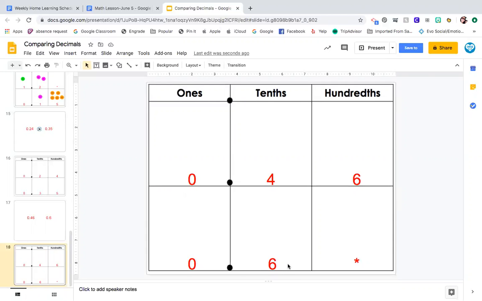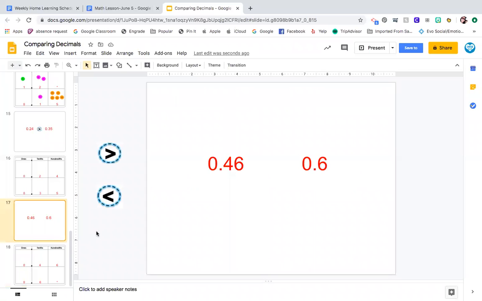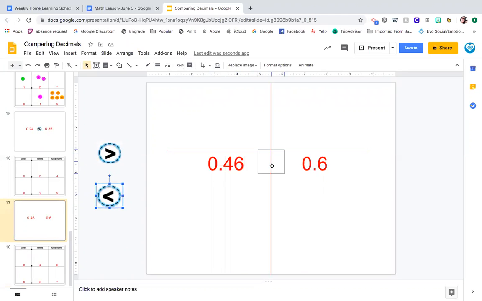So we can stop here because we already can tell that 6 is greater than 4. So 0 and 6 tenths is the larger decimal. If I'm looking at this number sentence, we now know that 0 and 46 hundredths is less than 0 and 6 tenths.